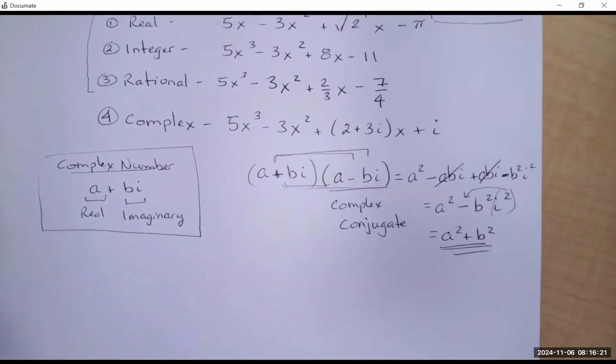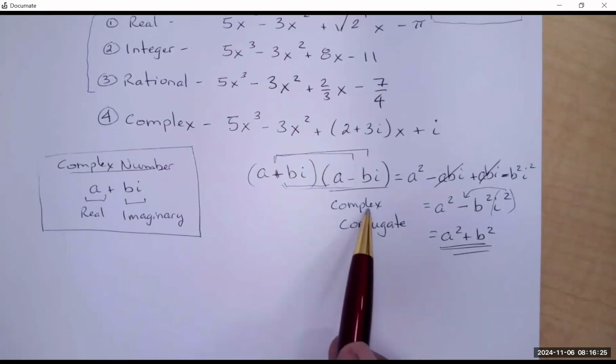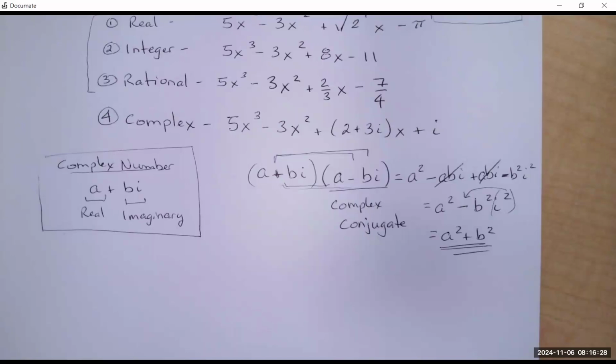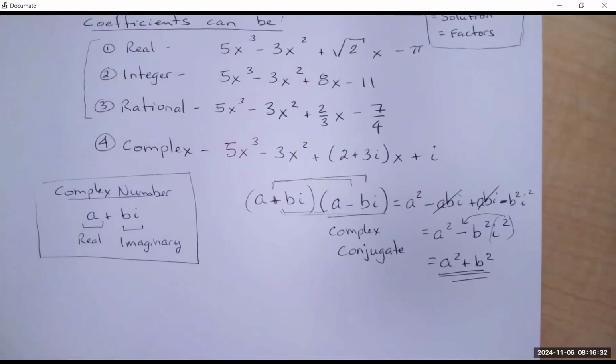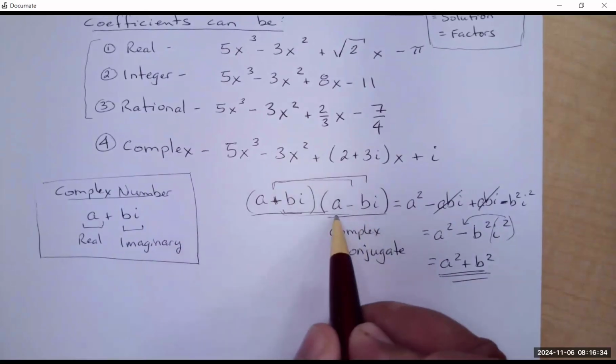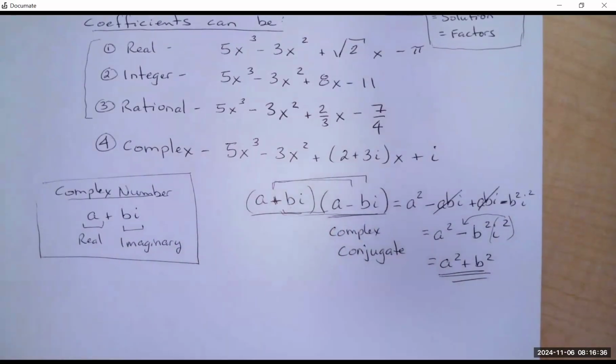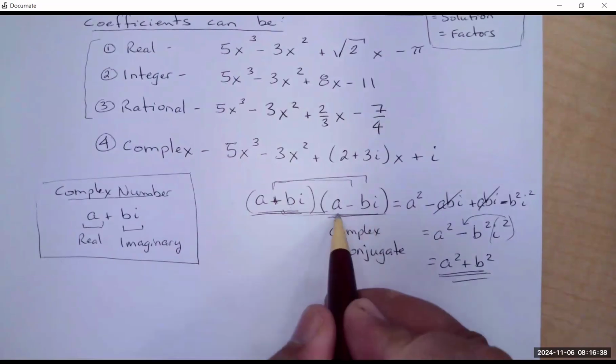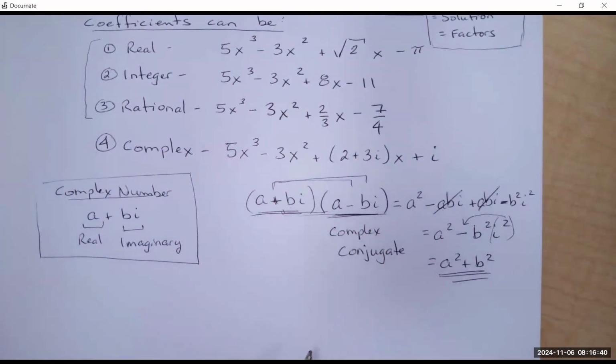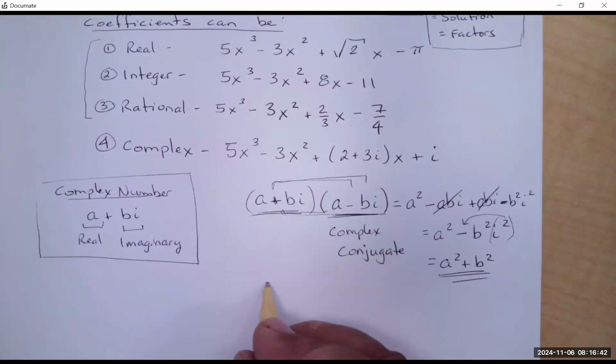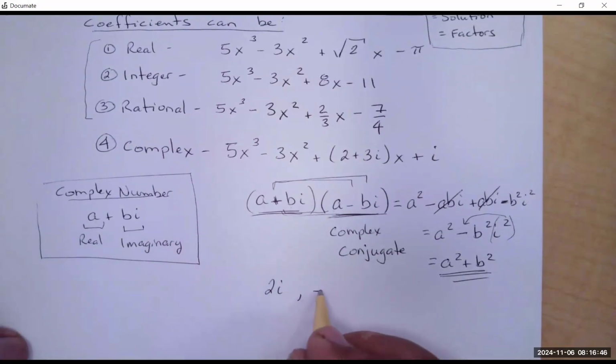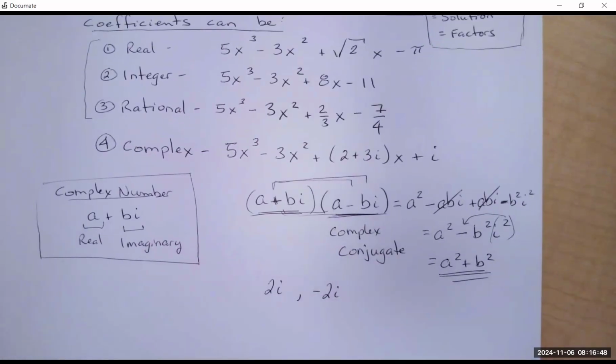We use that whenever we have an i on the bottom of a rational equation. We multiply by the complex conjugate to get rid of that imaginary number. So this is the reason whenever you have an i as an answer, it has to happen in pairs. If one of your answers is 2i, there automatically has to be a negative 2i answer.